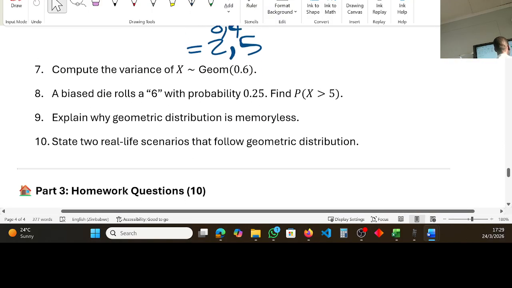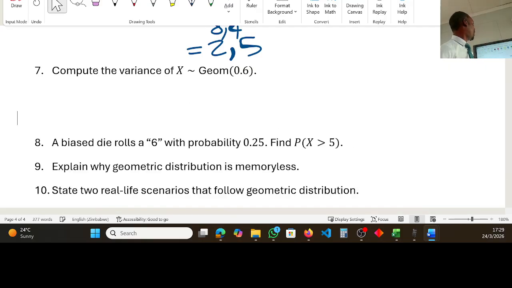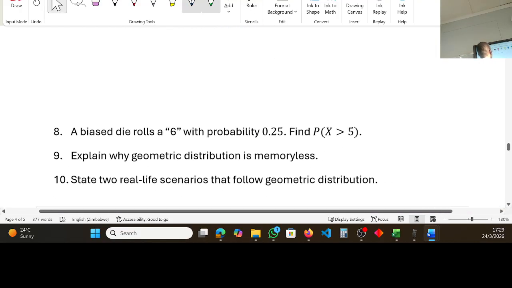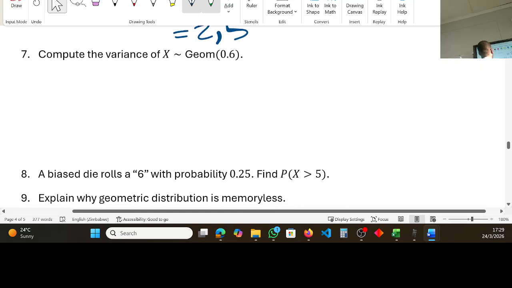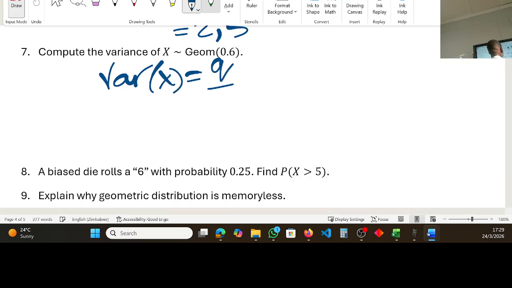Moving to number 7. I'm interested in variance there. If I need variance, the formula is important. We say the variance of x is q over p squared. And this is my p, implying q will be 0.4.